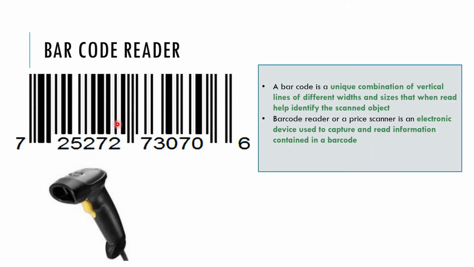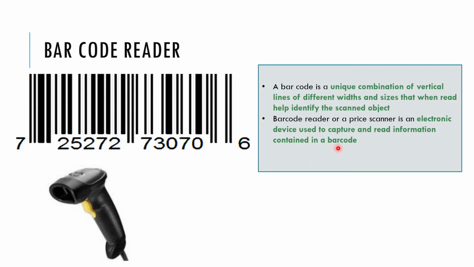The points which you need to remember regarding the barcode reader are: a barcode is a unique combination of vertical lines of different widths and sizes that, when read, help identify the scanned object. A barcode reader or a price scanner is an electronic device used to capture and read information contained in the barcode.